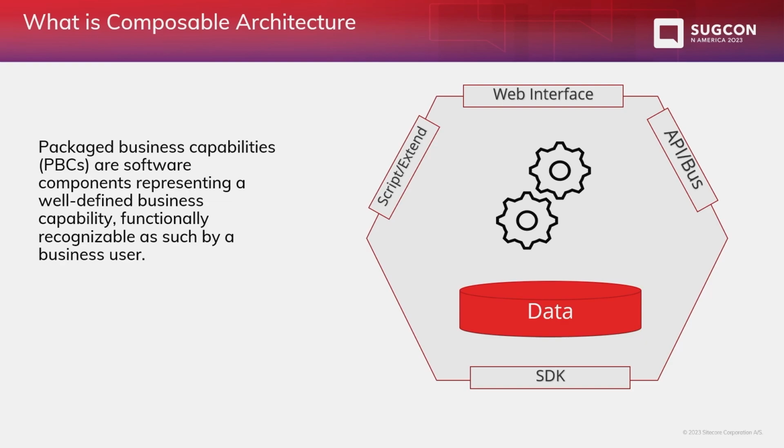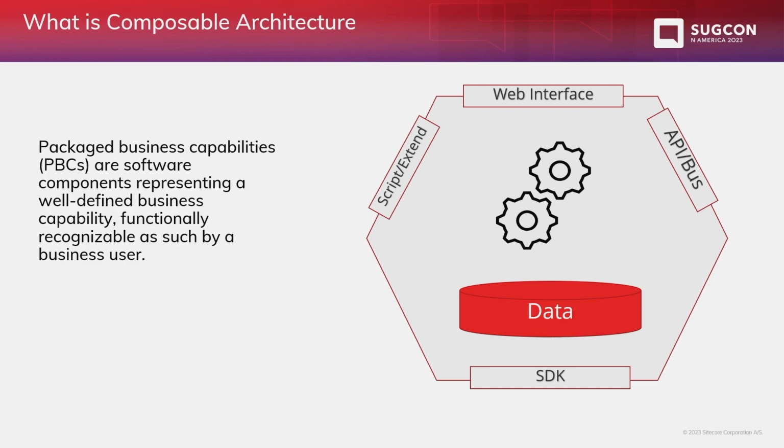A packaged business capability is not an API, but like an API, it is designed to abstract our functionality and capabilities. And from packaged business capabilities, we can start building our composable architecture, very similarly to how from APIs we develop SOA architecture or microservice architecture.